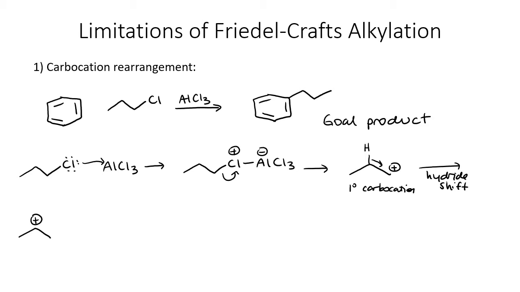So the problem with using a reagent like this is that it can undergo rearrangement. In the end, you would end up with two different types of products. You would have one with the rearranged carbocation, as well as some product with the straight chain. So the problem with this is you would get a mixture of products.